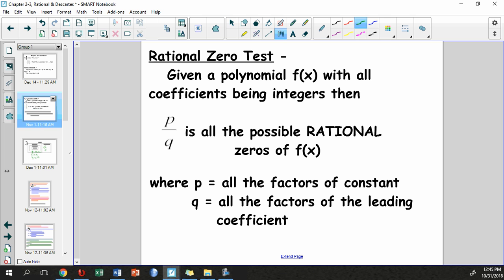Does that make sense? Okay? Nobody likes to do a calculation at a square root, do you? No, that's not very much fun. Nobody likes to do a square root or an imaginary number, or likes to do pi as a calculation. Now, P is the factors of your constant, and Q are the factors of your leading coefficient. And I'm going to talk about that a little bit later.